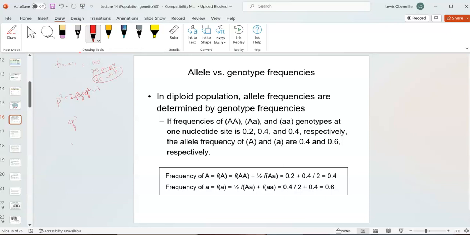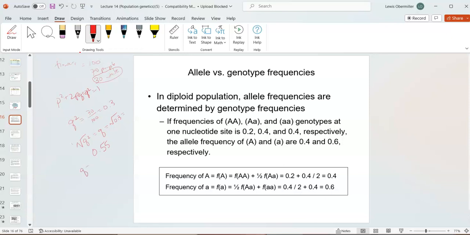So q squared equals 30, the part divided by the whole, which is 0.3. If we take the square root of q squared, that will give us q. So q equals the square root of 0.3, which is 0.5477. I'm just rounding that.